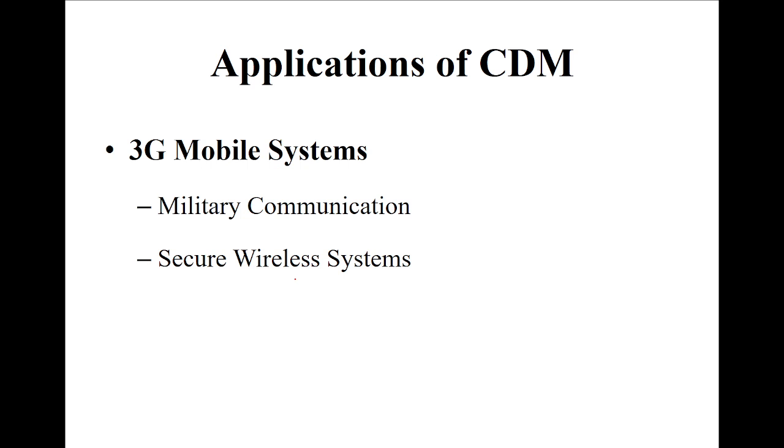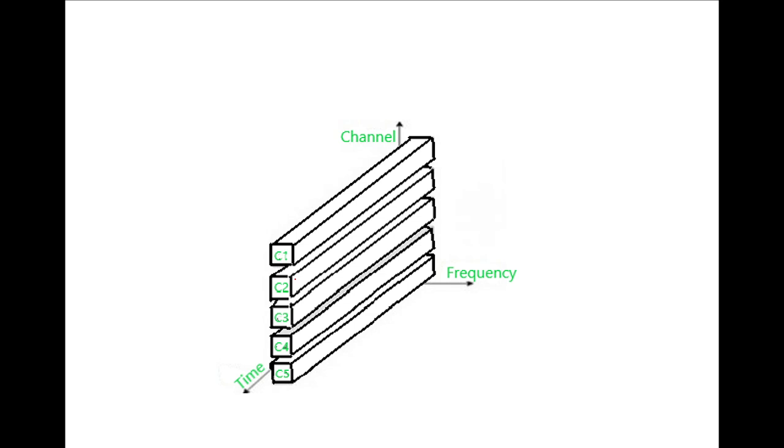If you understand the language, you can decode the message. This is how CDM works. They are sending the same code with some variations, and the receiver that uses that particular code can decode it.